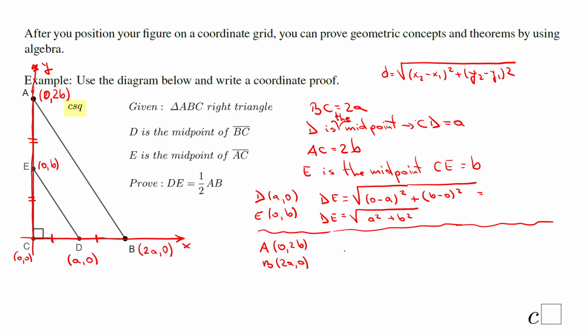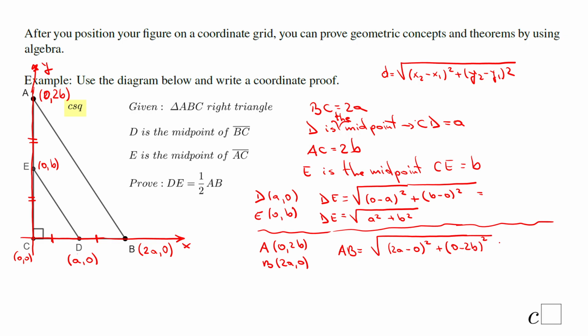Distance formula one more time. So we have AB equals the square root of, and let's say point B is the second one, right? So we're going to have x2 minus x1, so it's going to be 2A minus 0 squared plus y2 minus y1, 0 minus 2B squared.